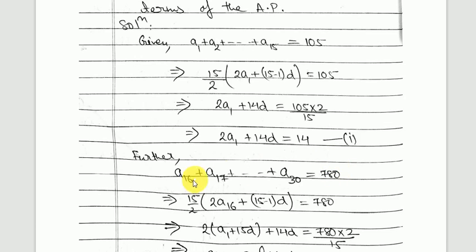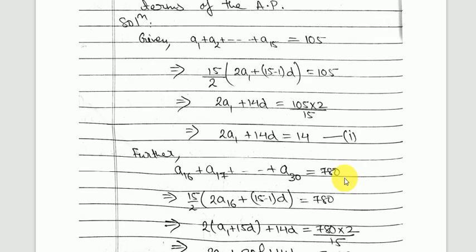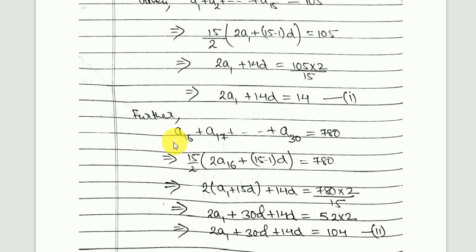And further, when you are taking the sum from the 16th term onwards, then A16 plus A17 plus dash dash plus A30 is 780. That means 15 upon 2, because altogether how many terms are there? 15 terms. So 15 upon 2 into 2 times A1. For this series, what is the first term? A16. Yes, the first term in this series is A16.